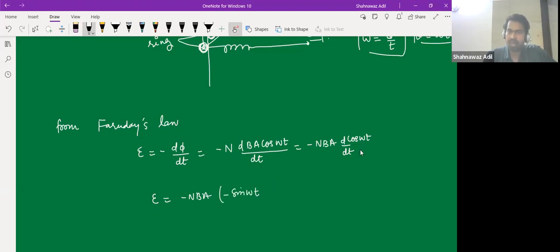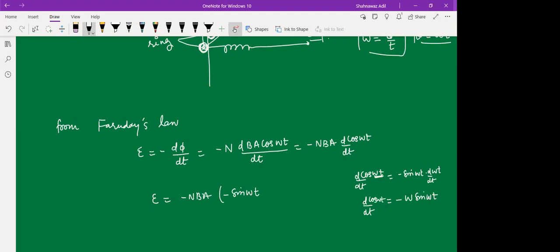But I have to apply the chain rule. So if I take the differentiation of cos omega t, this would be minus sine omega t, and inside I have another function, that is omega t, so this would be d by dt of omega t. So this omega would be outside, so this would be minus omega sine omega t. Is this clear?